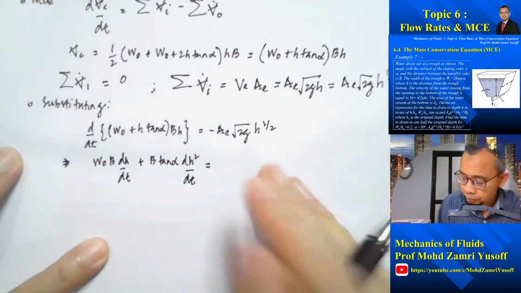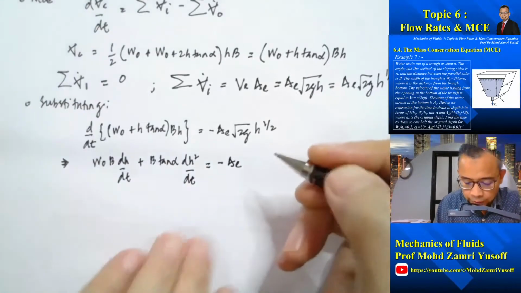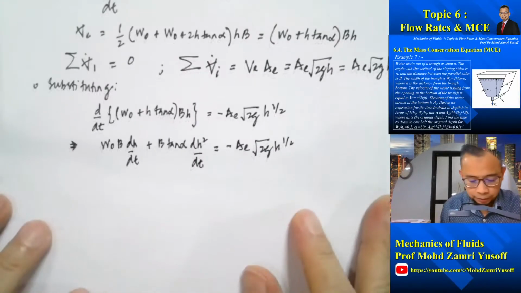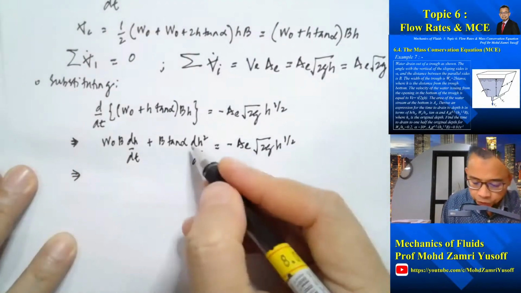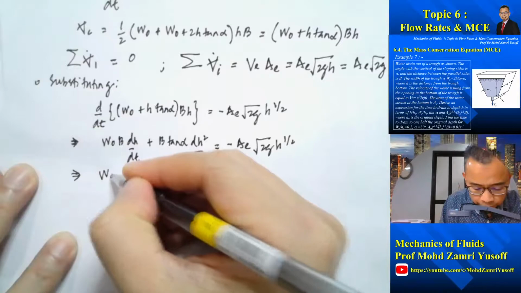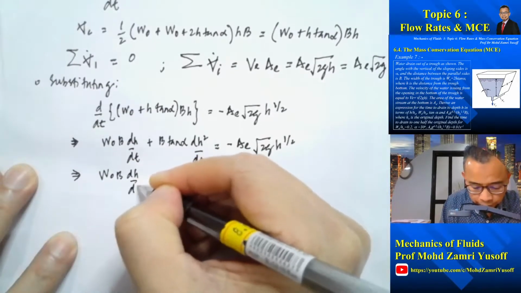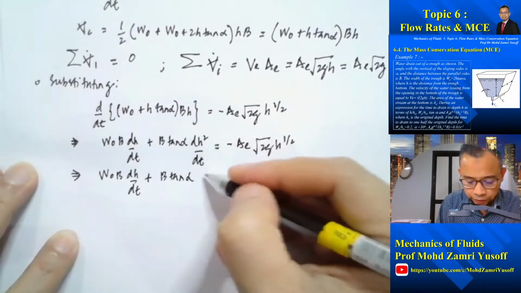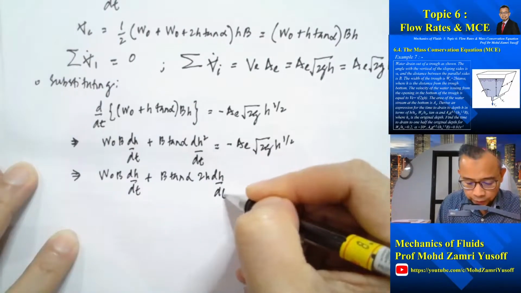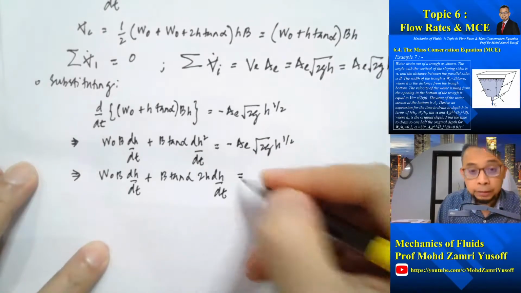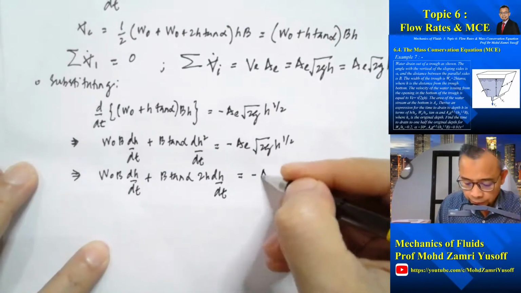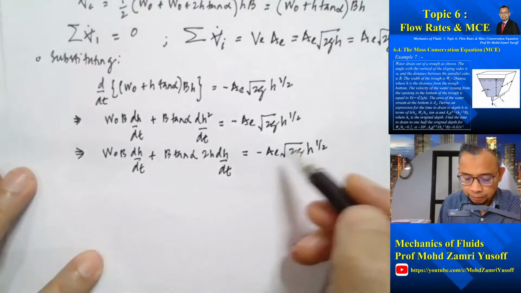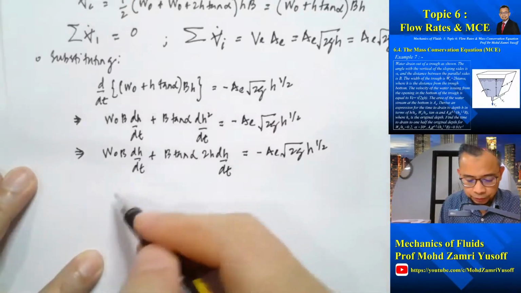That must be equal to minus AE root 2gh to the half. Differentiating, I get W0 b dh by dt plus b tangent alpha times 2h dh by dt, equal to minus AE root 2g h to the half. Now I can bring this h to the half to this side.